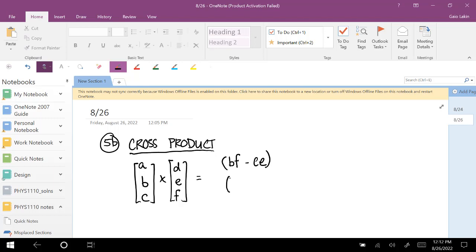You get a Y component of, in parentheses, AF minus CD. But then this whole thing is negative. And then in the Z component, the quantity AE minus BD.